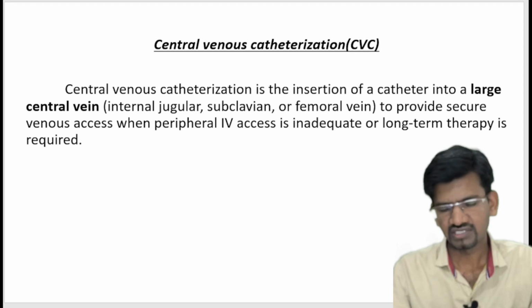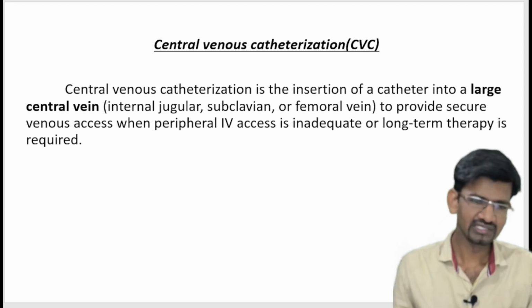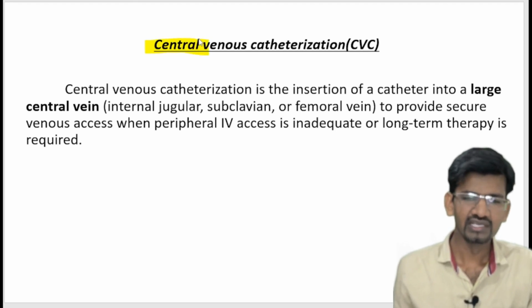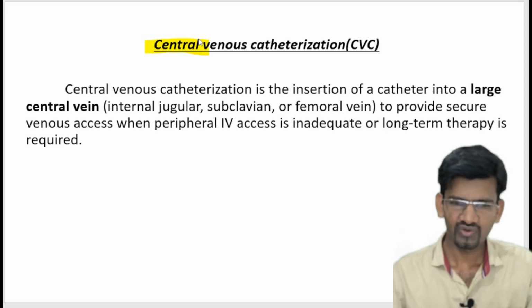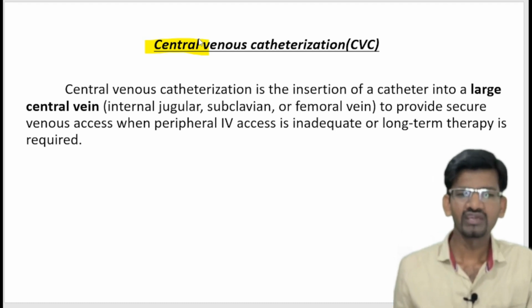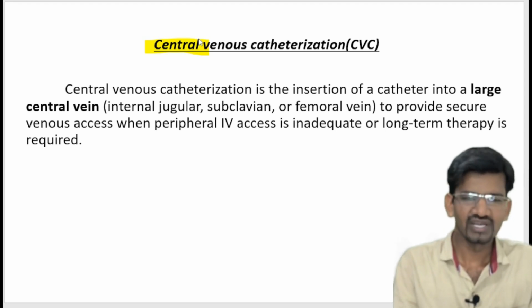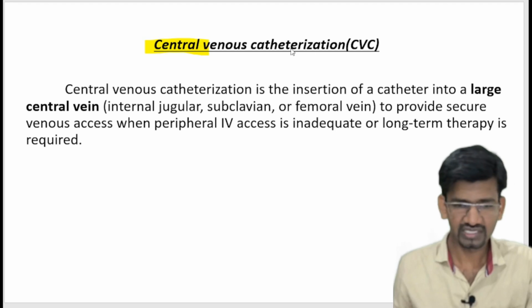Central venous catheterization, as the name itself indicates, central means the veins which are located at the center of the body. In those veins we insert a catheter, and that procedure we call central venous catheterization.